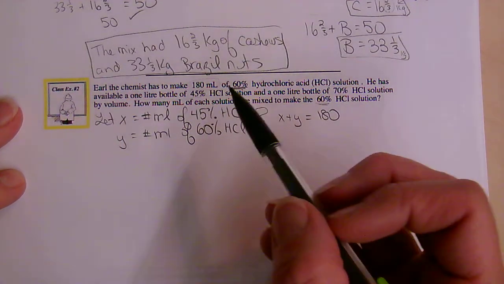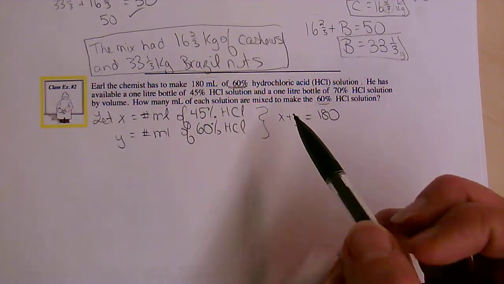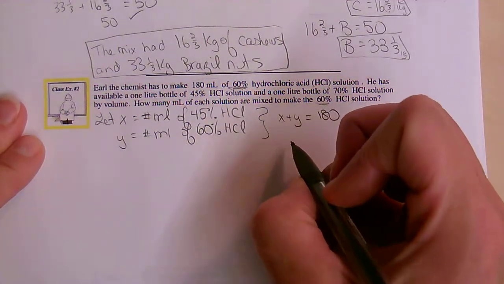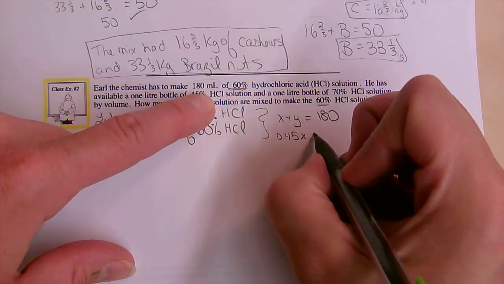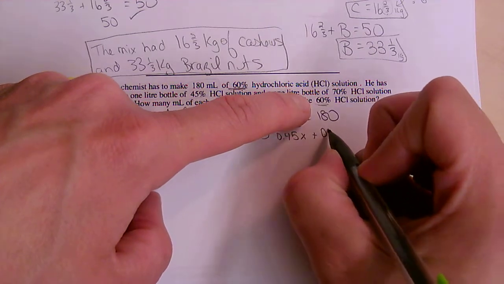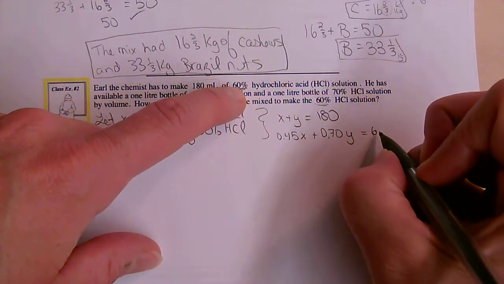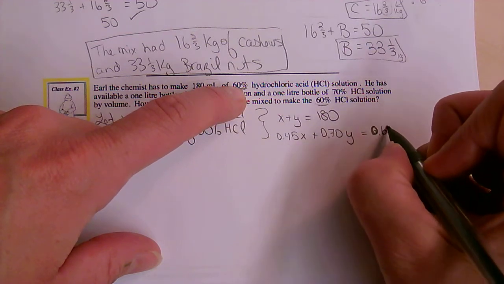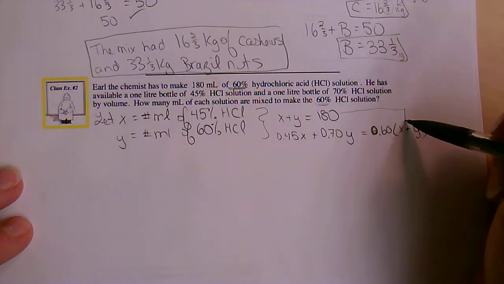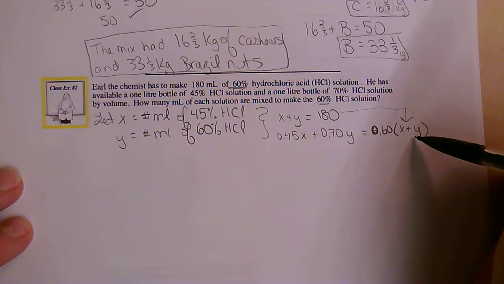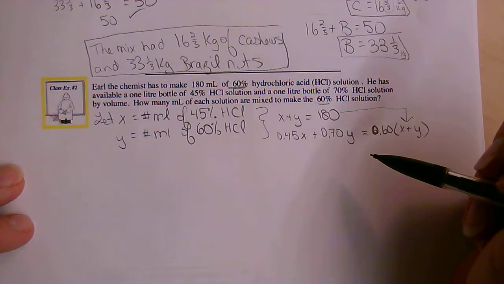And we also know that the percentages are all going to affect each other too. Okay? So we're going to have 0.45 of x plus 0.70 of y is going to be equal to 60% of them added together. Okay? And once again, just like with our mixture from above, that's going to be equal to 180 right off the bat.